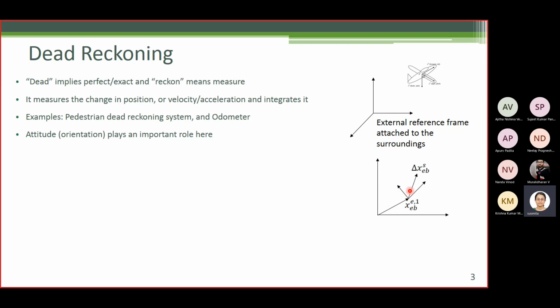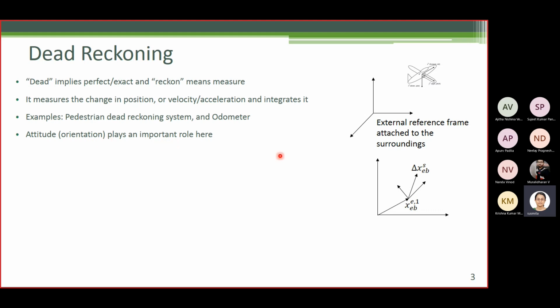Now, unless we know the orientation or attitude of the body frame with respect to this external frame, we will not be able to add these two quantities, right? Therefore, to do this vector addition, attitude is very important.